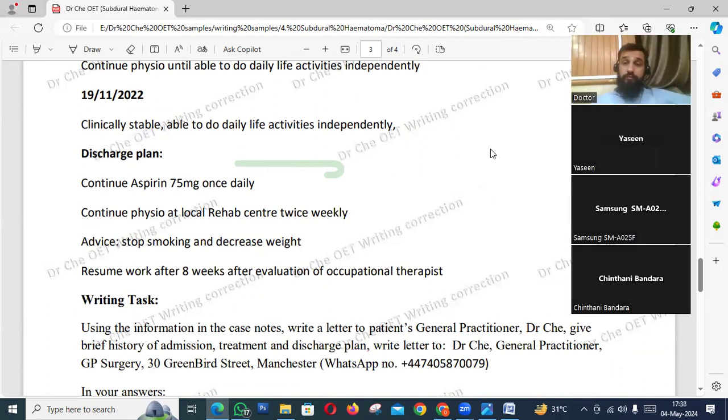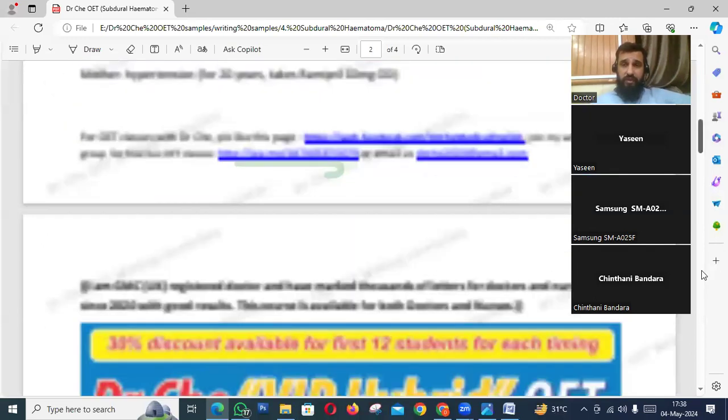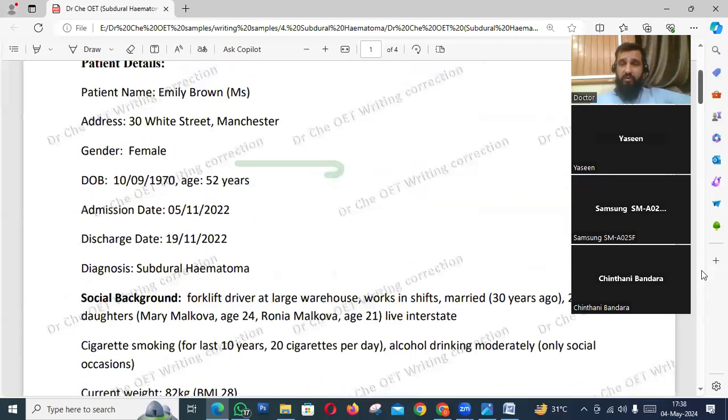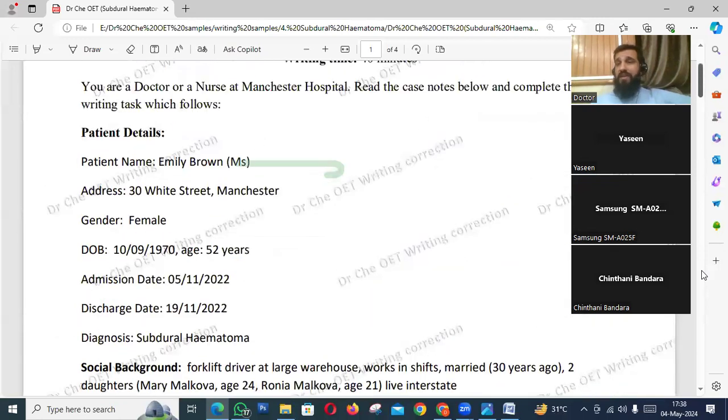Now, except social history and these things, all other things are important. Almost all the visits are important. There's no irrelevant visit. Sometimes in the real exam, the examiner gives some irrelevant visits, but here in this case, you don't have any irrelevant visit.